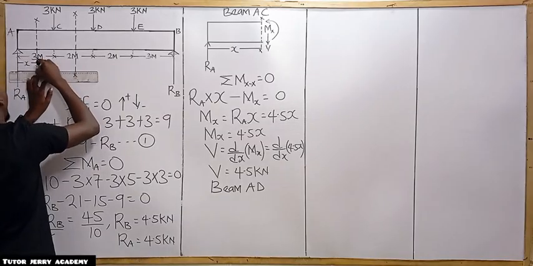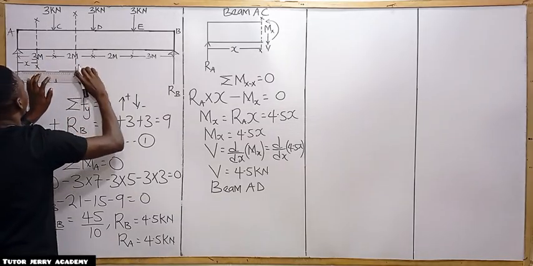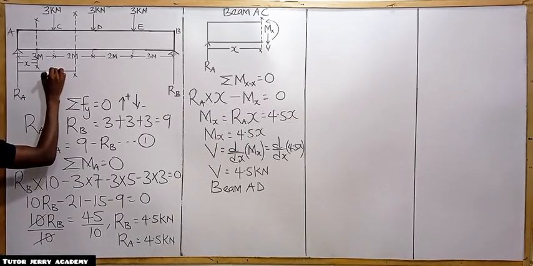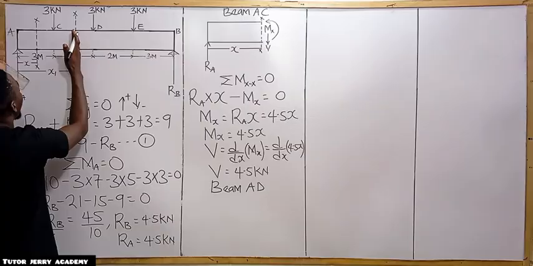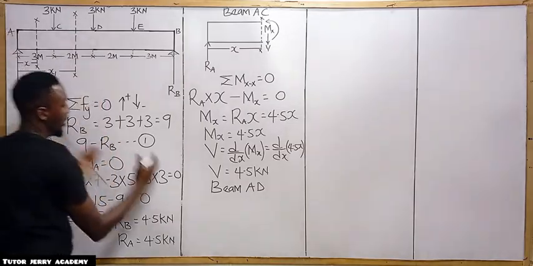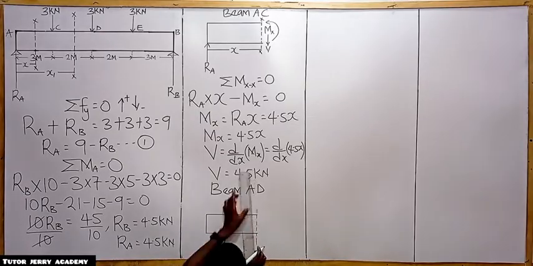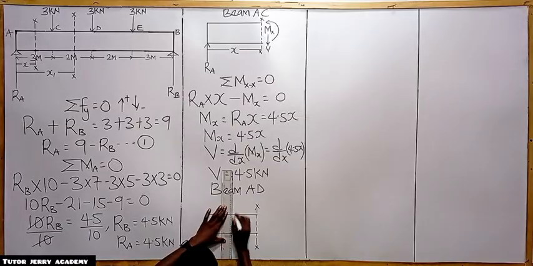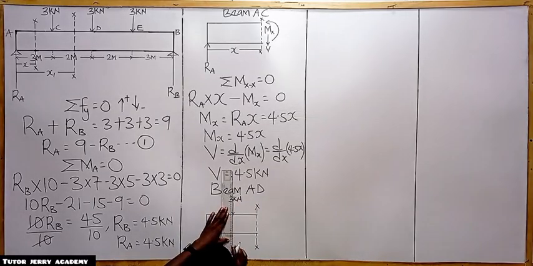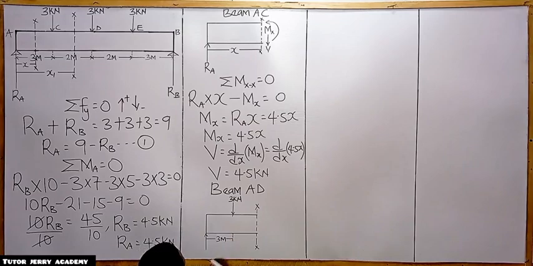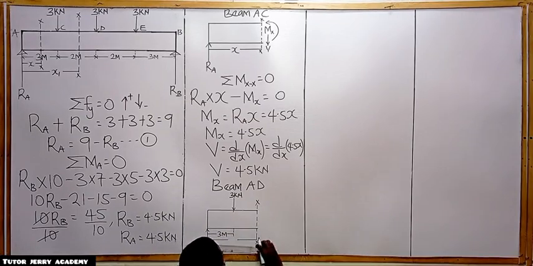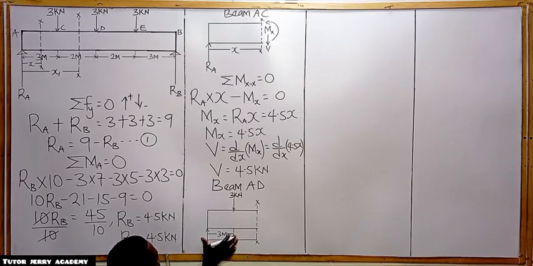So let this be at a distance S1. All right, so if we bring out the part that we section here, if here is S1 and here is 3, what will be the distance here? It's going to be S1 minus 3.